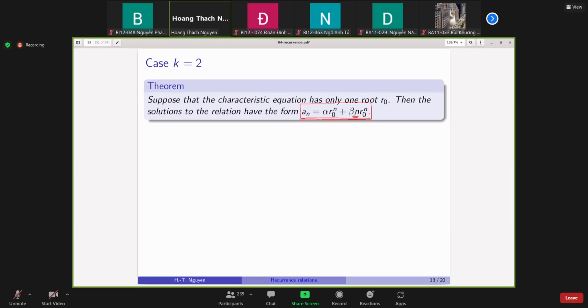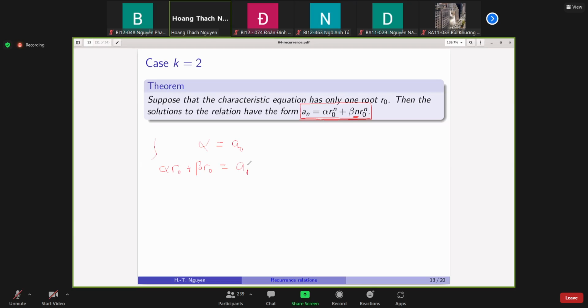our indices start with 0, then you will have alpha. Sorry, alpha equal to A0, and if n is equal to 1, then you have alpha R0 plus beta R0 is equal to A1.